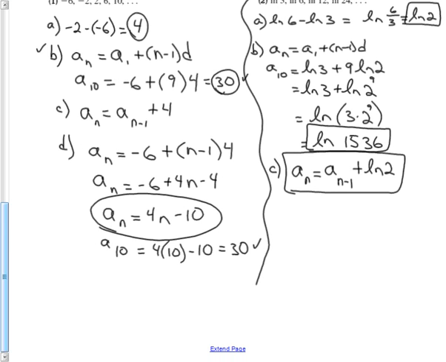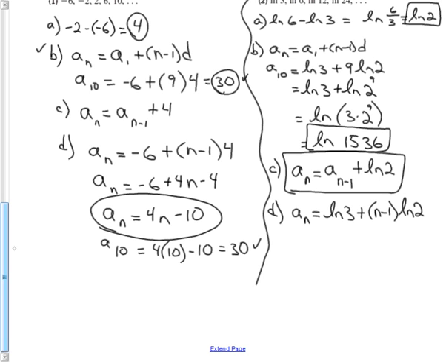Now they want an explicit rule. Please watch so that when you have to do this. Well, the explicit rule, I'm going to be going back to the same thing I did on part B. To get any term, I use my first term, which was natural log of 3, plus n minus 1 times my common difference, which was the natural log of 2.